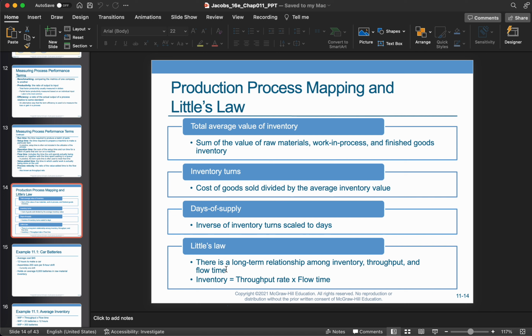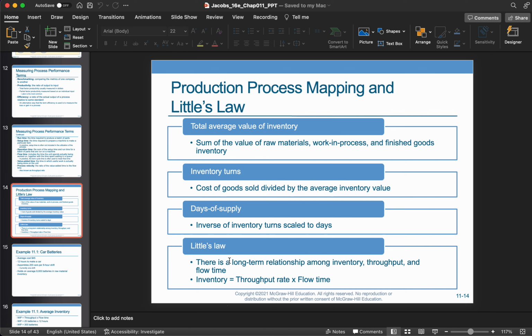But Little's law calculates things over a large period of time and on average. So when you say that inventory is throughput rate times flow time, you're saying the average inventory that you hold is equal to the throughput rate times the average flow time, right? So that's the idea. Let's look at a simple example of Little's law.